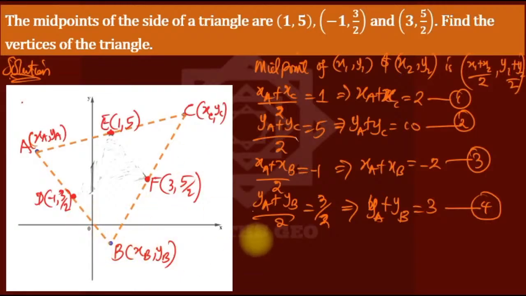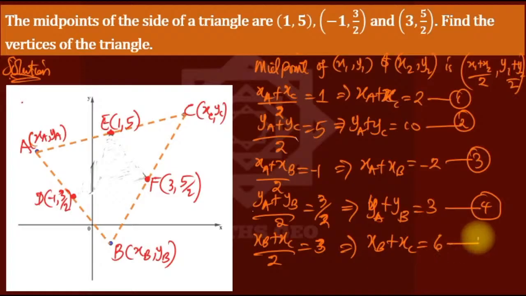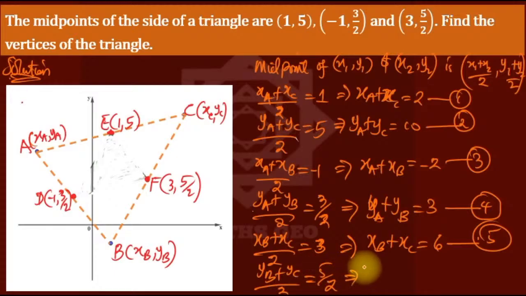Let's look at BC. XB plus XC over 2 will give us 3, which implies that XB plus XC is equal to 6, equation 5. Finally, YB plus YC over 2 must be equal to 5 over 2, which implies that YB plus YC must give us 5, equation 6.